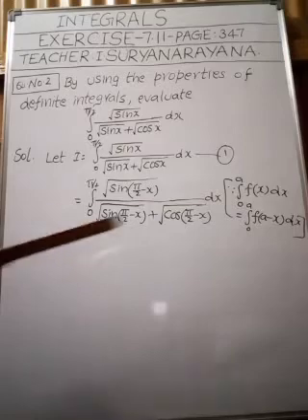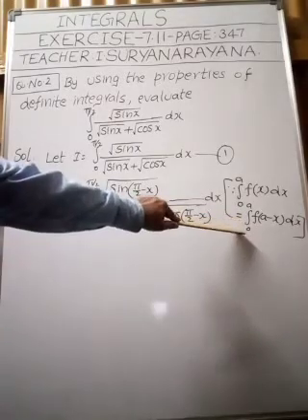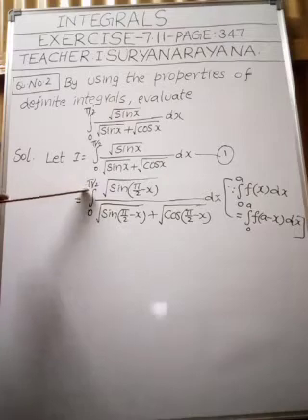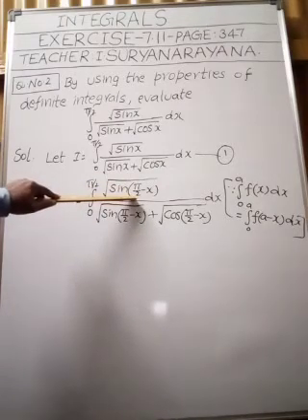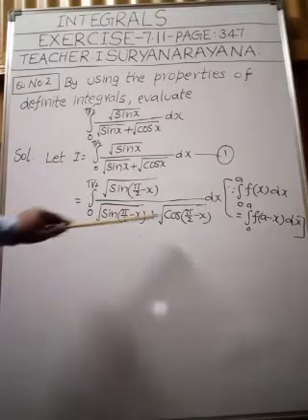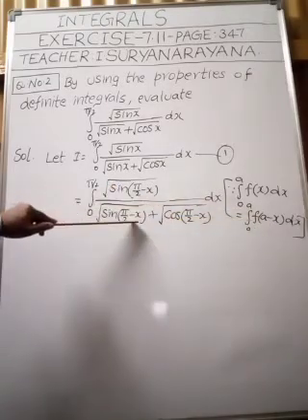By using this property of definite integrals, we wrote this step where a is equal to pi by 2. So in the place of x, we wrote a minus x in the given function. Understood this step, my children?